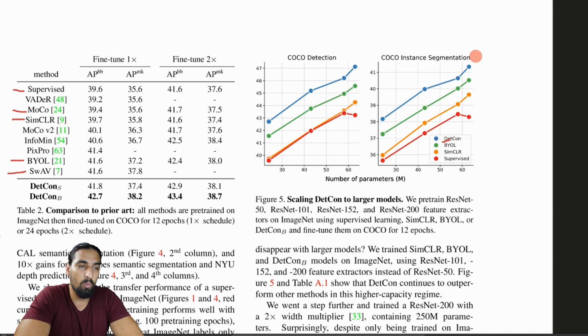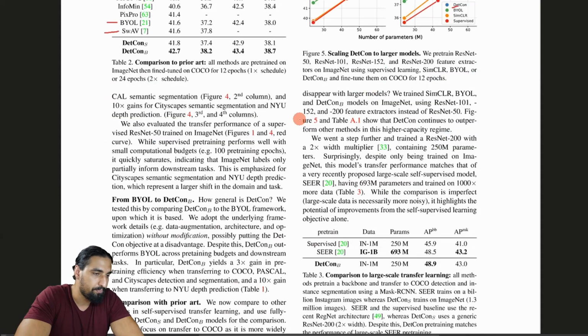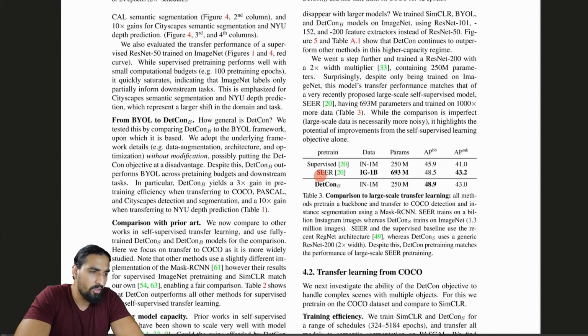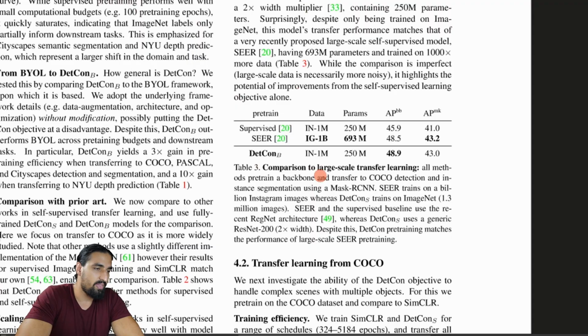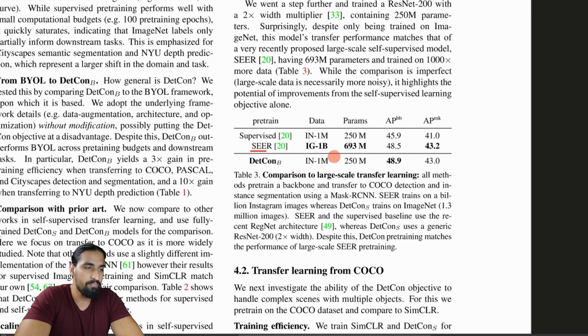So DetCon, the blue one, still outperforms all of the other baselines like BYOL, SimCLR, and supervised on these COCO detection and COCO instance segmentation tasks. Moving further, they even showed that the recently published method SEER, which used a billion images for pre-training and has way more parameters, is still outperformed by DetCon, which is a nice result.